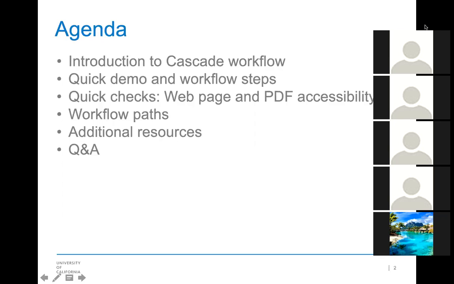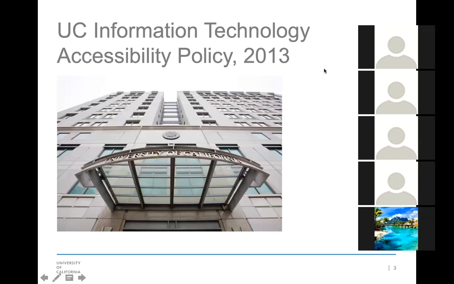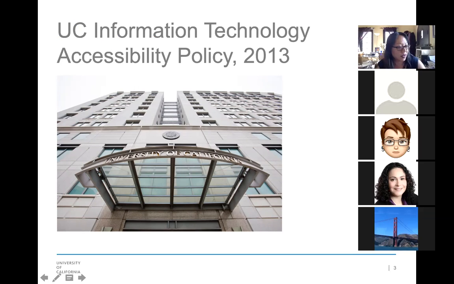All right. Thank you. So, quick introduction to Cascade workflow. First of all, the reason why we're all here today is that back in 2013, the University of California created the UC IT accessibility policy. And this states the UC's commitment to supporting IT that's accessible to all, including people with disabilities.